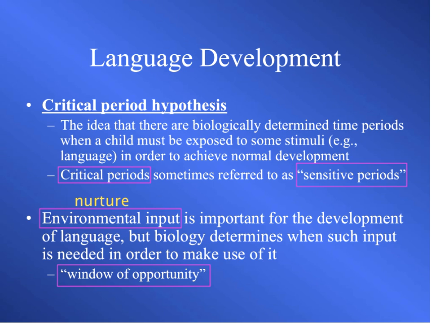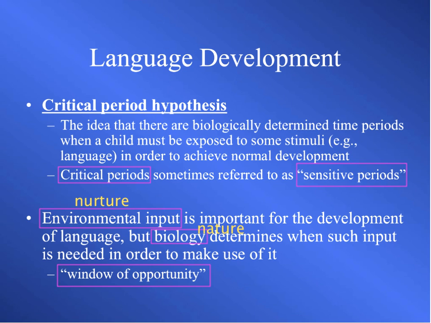But it also says here that biology determines when that input is needed. So here's the biology part. We know that when we see biology, we should be thinking about nature. So it says here, environmental input is important for the development of language, but biology determines when such input is needed in order to make sense of it.